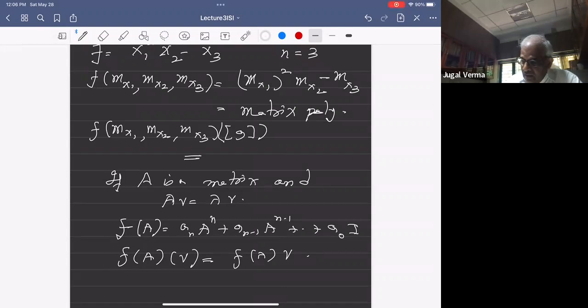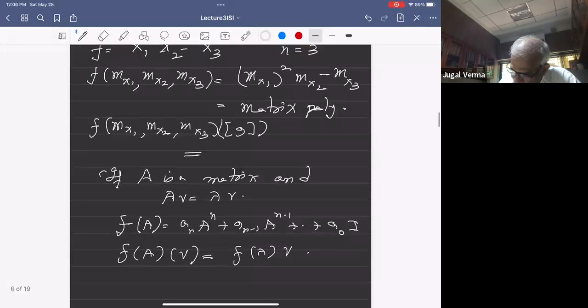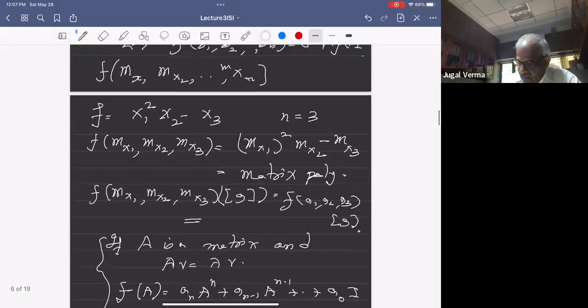The same thing is true here. v is the common eigenvector of all the m_xi's. The eigenvalues could be different, but you do this calculation and it will be f(a1, a2, a3) times the same eigenvector.